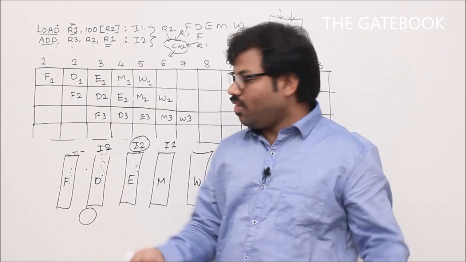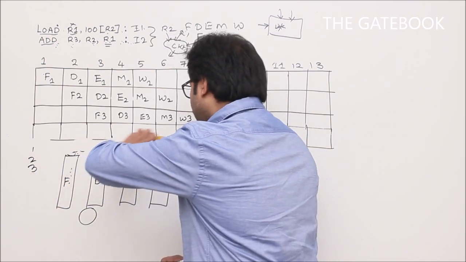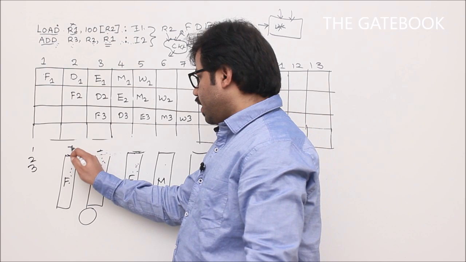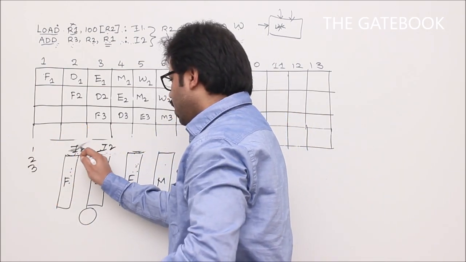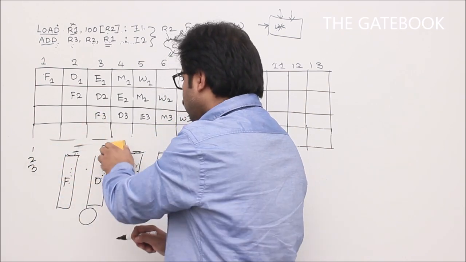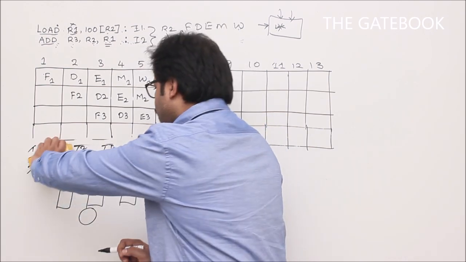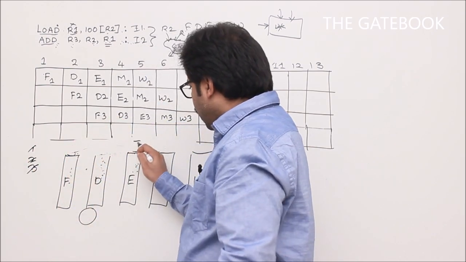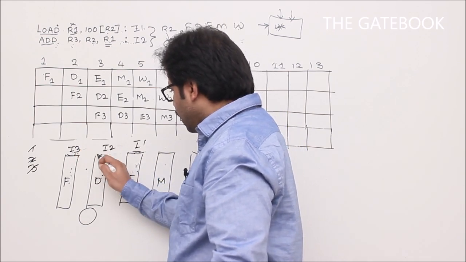That's it. Now let me tell you again. First clock cycle, I1 is here. Second clock cycle, I2 is here, I1 is here. At the third clock cycle, I1 is here, I2 is here, I3 is here, and you realize that there is a hazard.